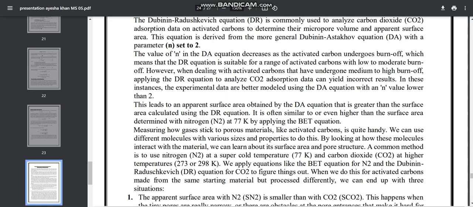However, for those with medium to high burn-off, using the DR equation for carbon dioxide data might give wrong results. In such cases, the DA equation with n less than 2 is a better fit. This can make the apparent surface area from DA higher than the one from DR, sometimes even more than the surface area calculated with nitrogen at 77 K using the BET equation.